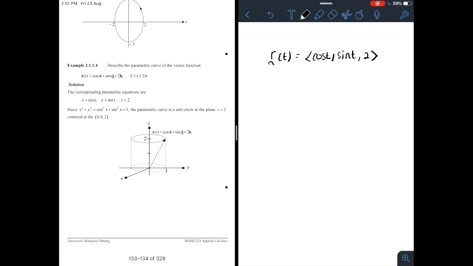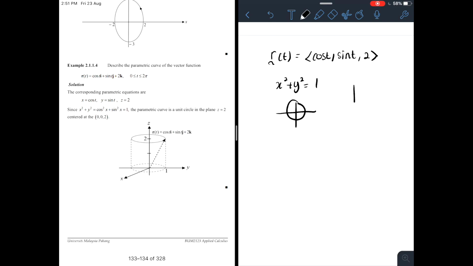Then x squared plus y squared is equal to 1, which will give you a circle in two-dimensional coordinate system. But this vector function will end up in three-dimensional coordinate system because there are all three component vectors, the i, j and k components.